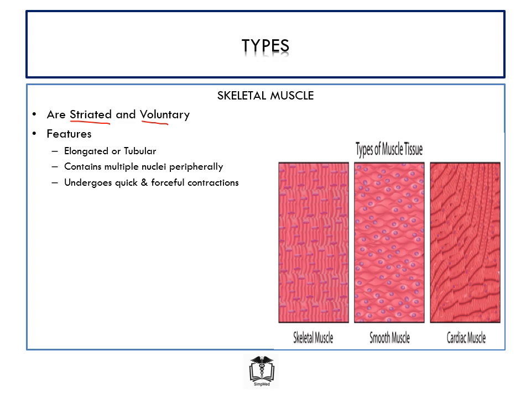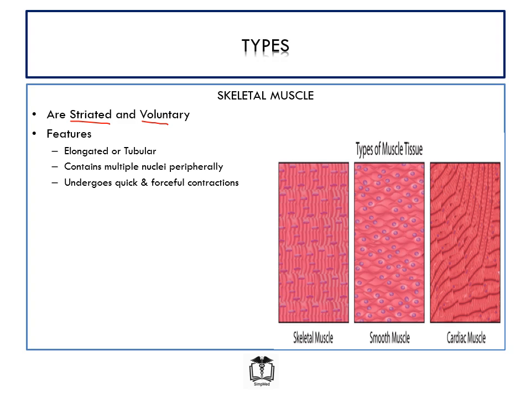So the myocytes that make up the skeletal muscle tissue are usually elongated or tubular. Another unique thing is that each of those myocytes tends to contain multiple nuclei. So they have a lot of cell nuclei within the cell, and those nuclei are arranged peripherally. They're not located centrally like other cells.